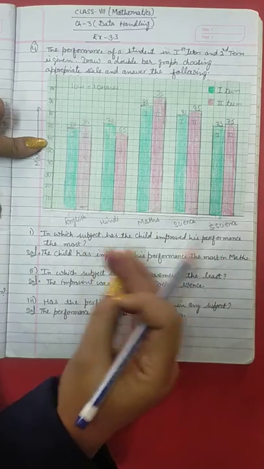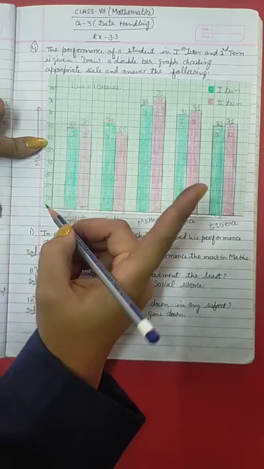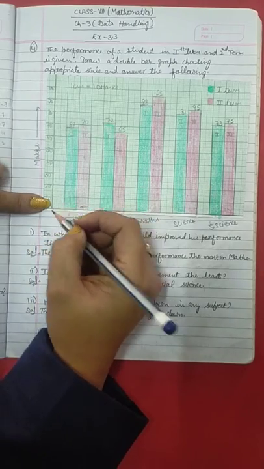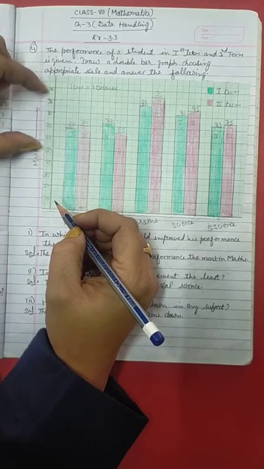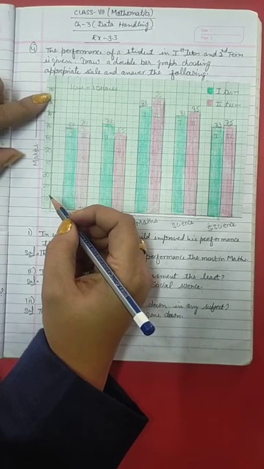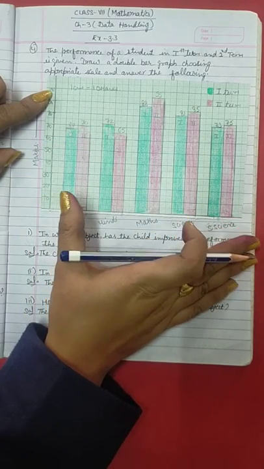So this is representing 10 marks, then 20, then 30, then 40. In this way I have represented these marks till 100, and according to that I have drawn a bar graph, and this is a double bar graph here.